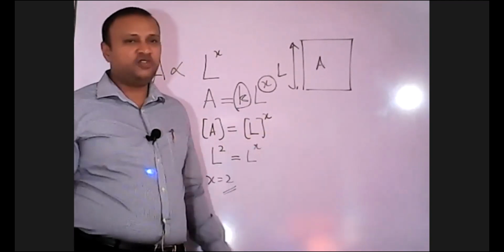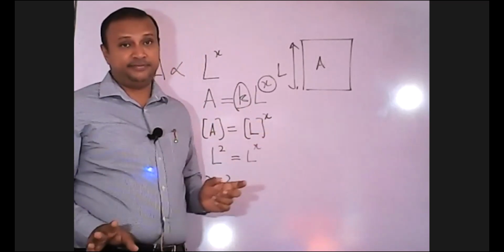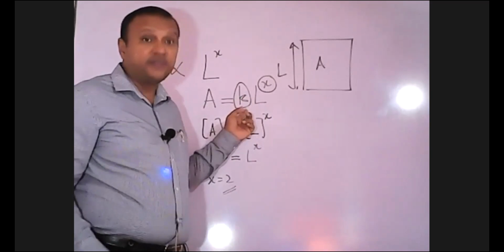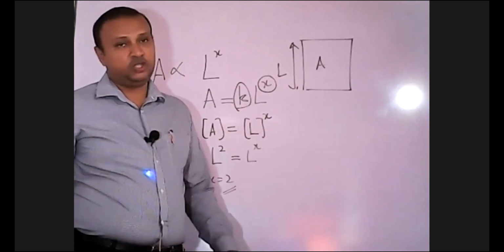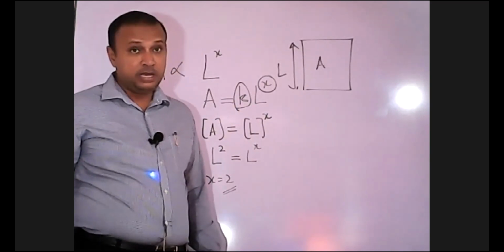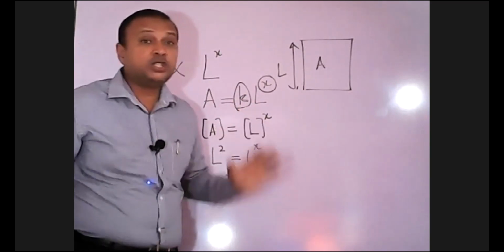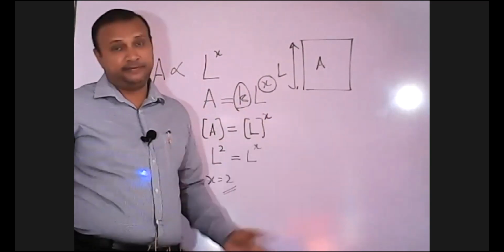So K should be a numerical constant. That should not be a physical quantity which has a dimension. K should not have a dimension, otherwise we cannot do that. Or the dimension of K should be given.